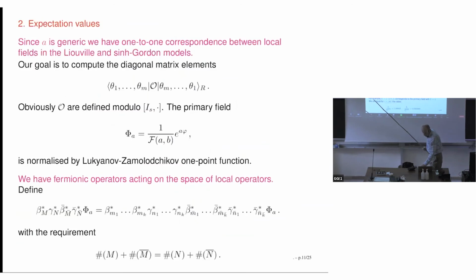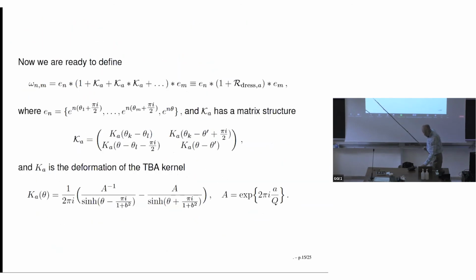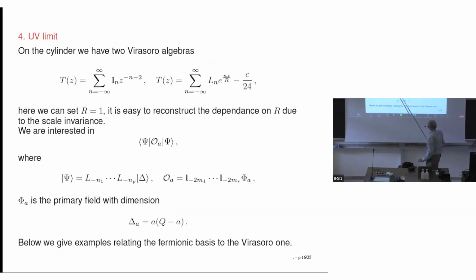Correspondingly, I have these two things here. This is for local, this is for global. Now I compute these matrix elements in the conformal field theory. The radius here is equal to 1 for simplicity, so it doesn't matter. It's conformal, so I can do whatever.